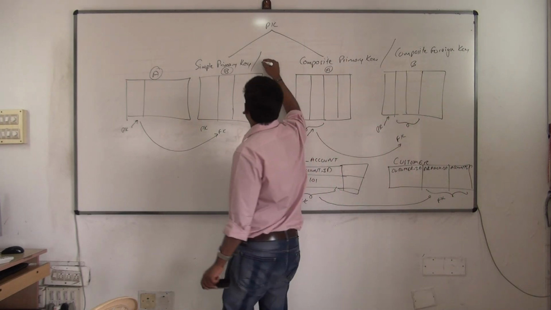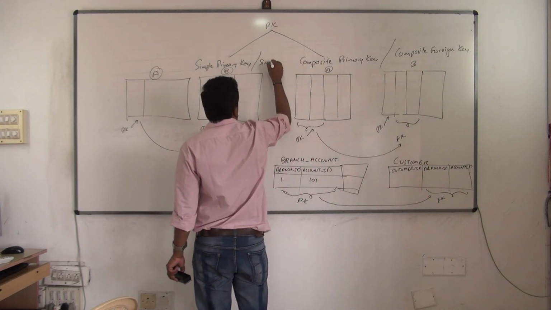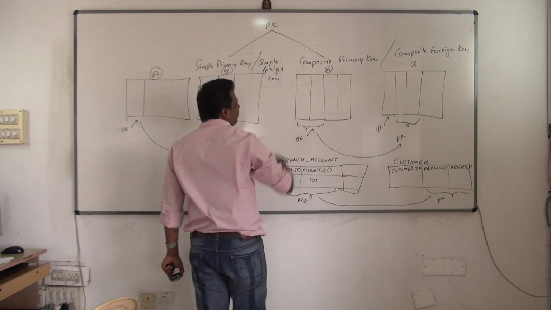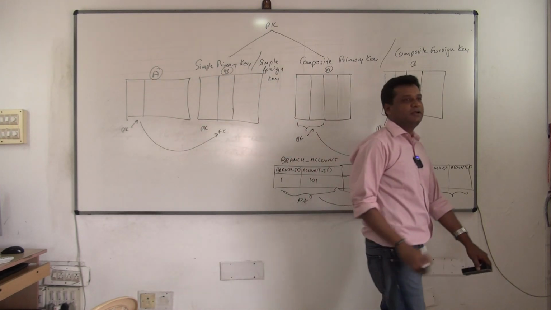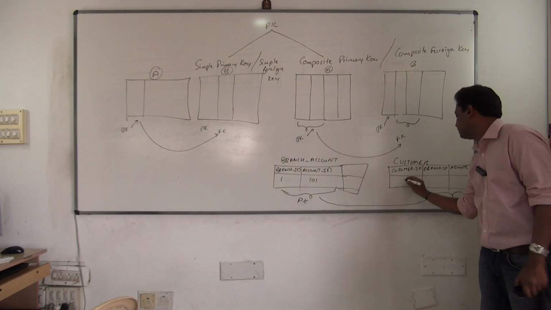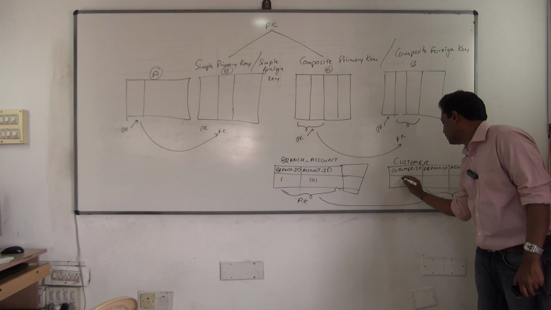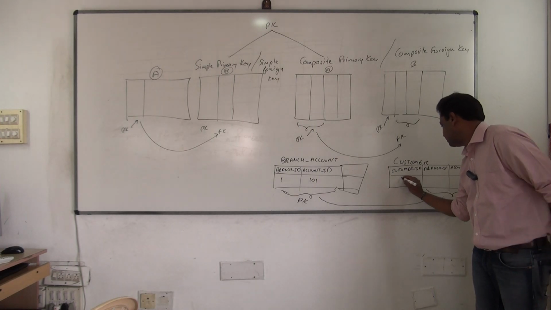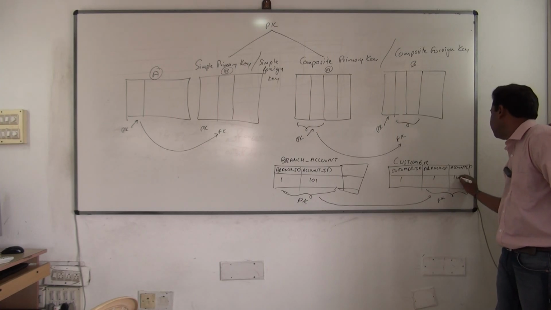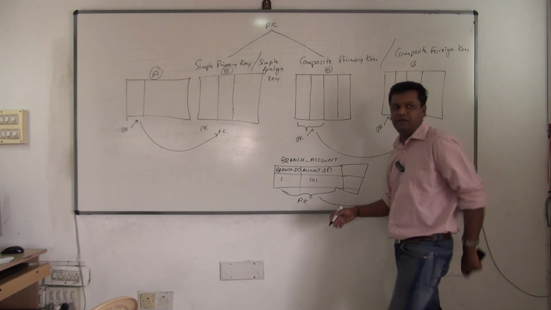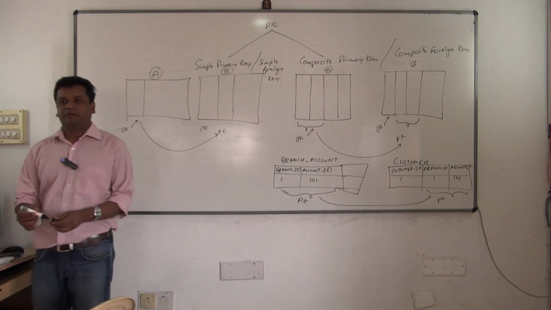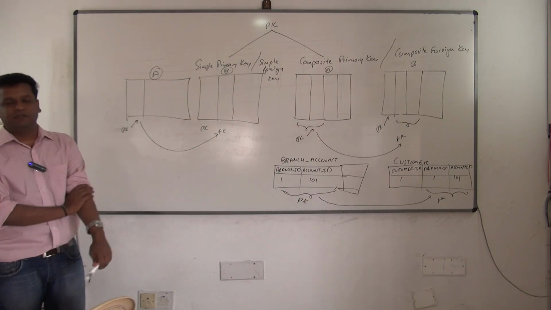Simple primary key, simple foreign key. Maximum you'll be working with simple only, don't bother much about it. Clear now? So customer ID will be something like some other different ID you give. It might start with 1 only, no problem. Branch ID is 1. Account ID would be 102. Simple, I am giving an example. Understood? So that's about composite primary key. Do not worry much about it. It will not be used.